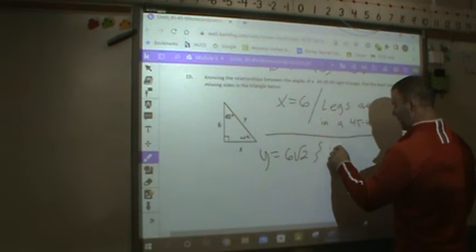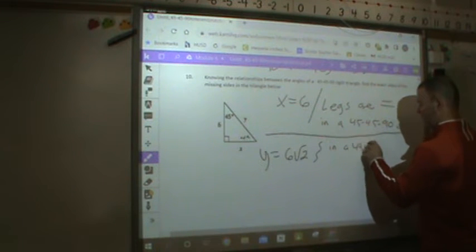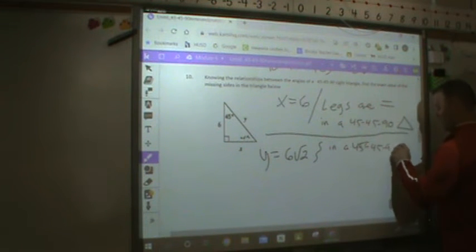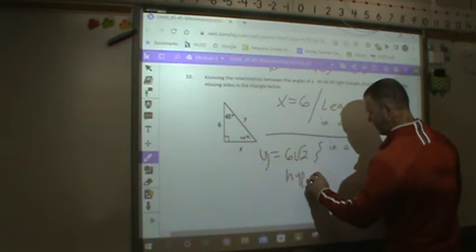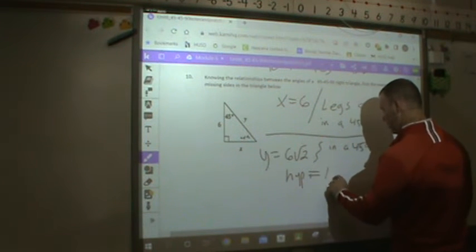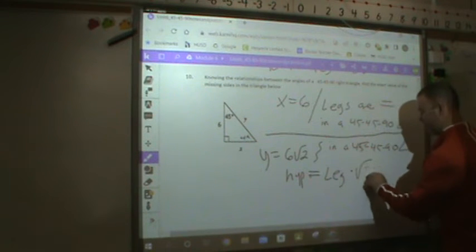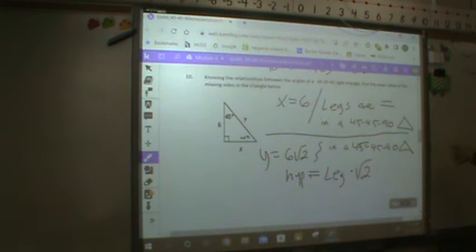Because in a 45, 45, 90 triangle, the hypotenuse is always equal to a leg times the square root of 2. That is a little formula I created up over here on the board, and I had that the other day. Now I can go back and rewrite that: the hypotenuse is always equal to a leg times the square root of 2. You may not be able to see that, but that'll be up on class in the morning.